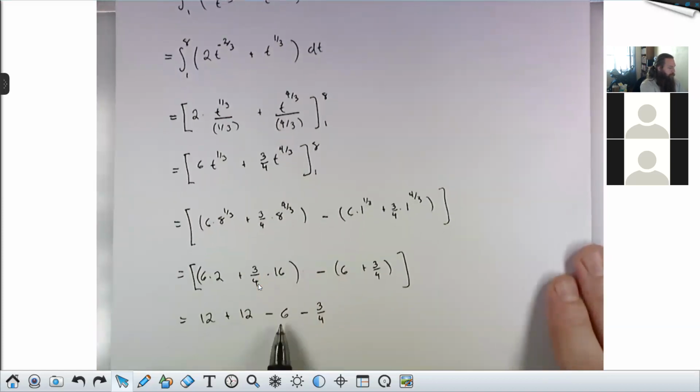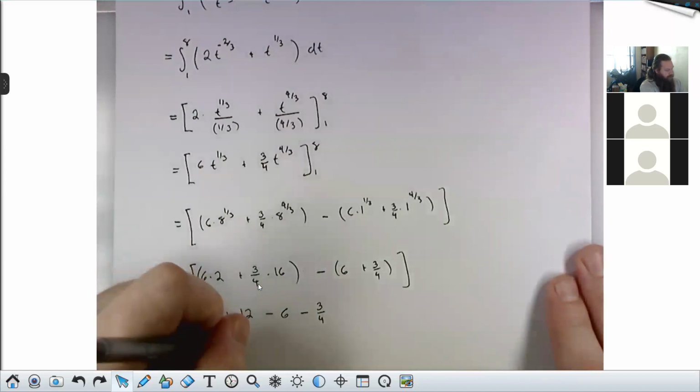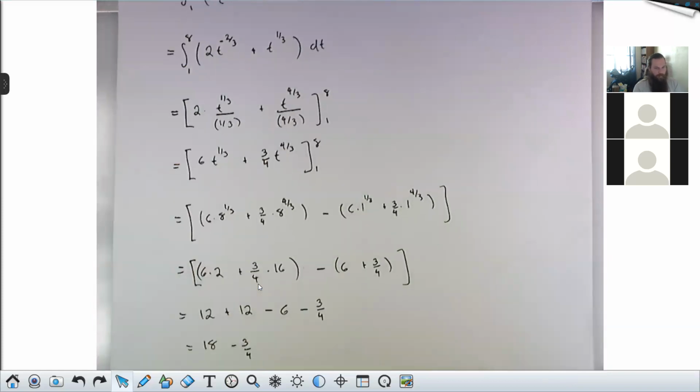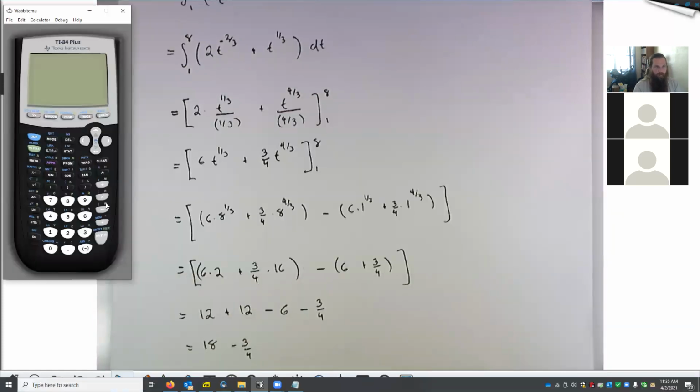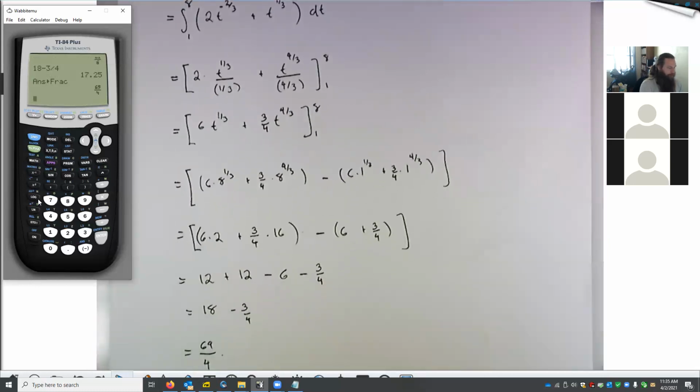So 24 minus 6 is 18. 18 as a ratio over 4, I'll be lazy again here. 18 minus 3/4, which as a ratio is 69/4. So that's where we end up.